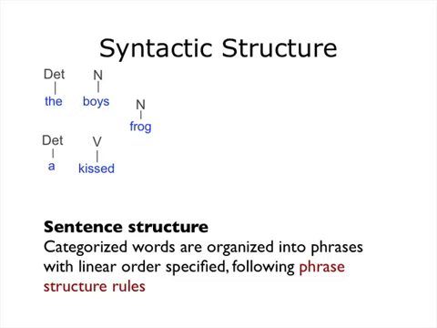But we have words put into categories, and then we have phrase structure rules, is the basic idea. The phrase structure rules tell you how to put those words together into larger phrases. So there would be a rule saying that noun phrases, and we read these rules like this: NP means noun phrase, N for noun, P for phrase.